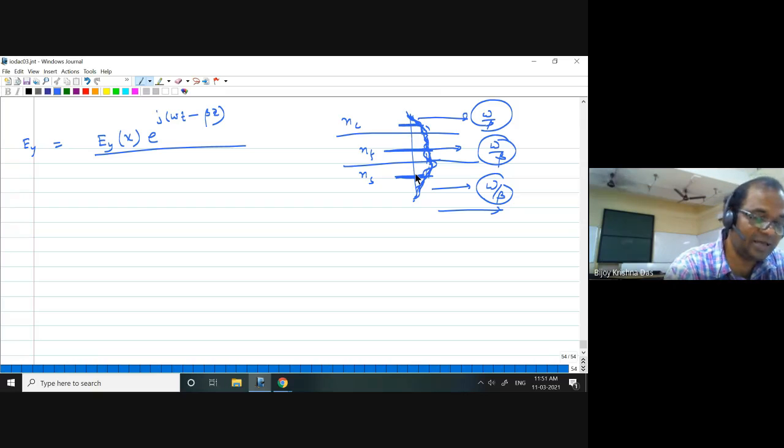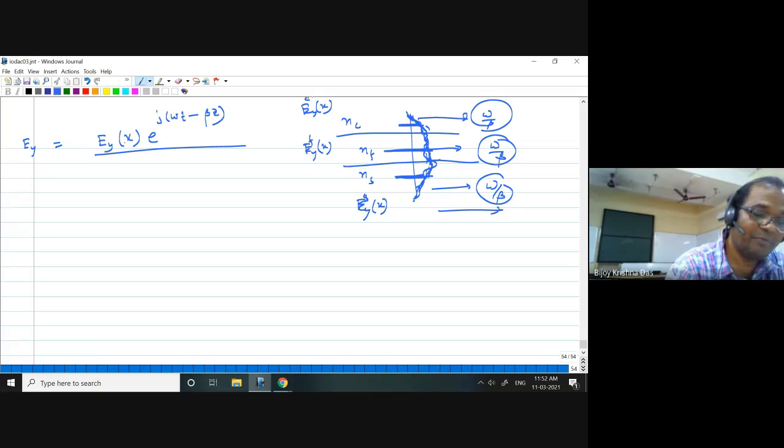So the idea is that for the phase part, in this region EY of x can be some value, say the substrate solution, and in this region the solution can be EY of x for the film, and in this region the cover region.